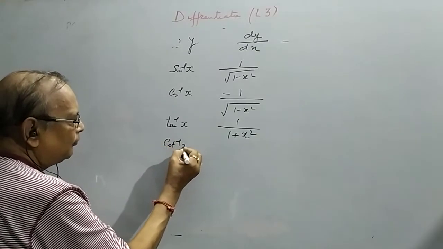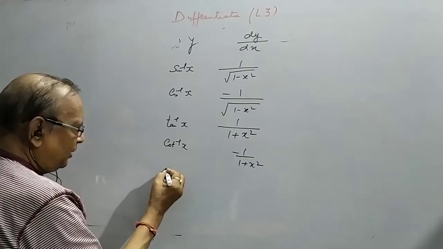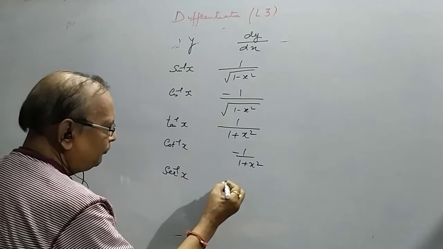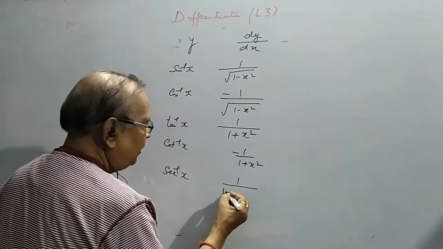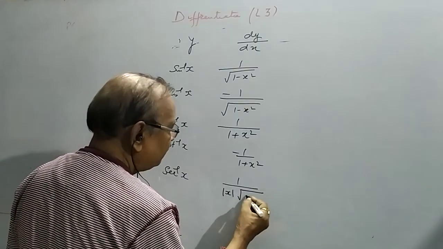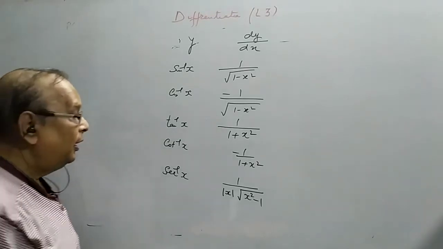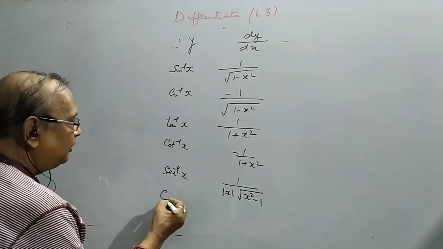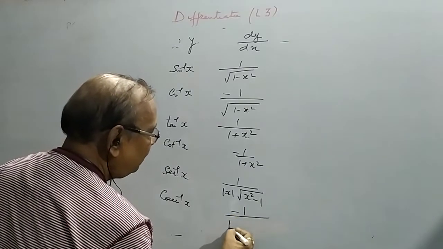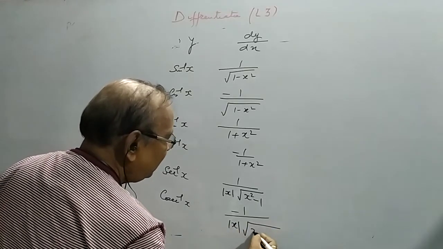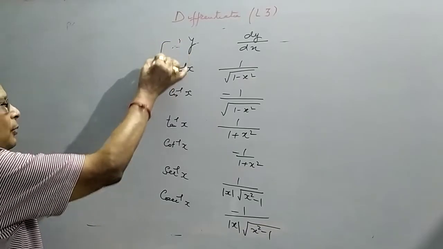Cot inverse x, that is minus 1 upon 1 plus x square. Sec inverse x, that is 1 upon mod of x under root x square minus 1. Similarly, cosec inverse x is minus 1 upon mod of x under root x square minus 1. These are the 6 formulas.